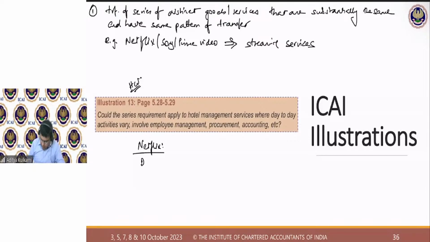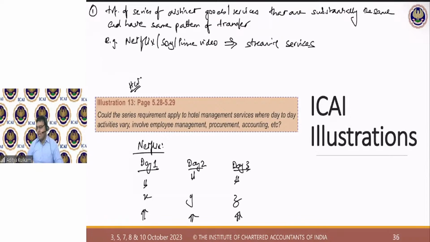Day 1, you watch some show X. Day 2, you watch some movie Y. Day 3, you watch another show Z. Now, is Netflix giving you the streaming services on day 1, day 2, day 3? Answer is yes. Understand carefully.